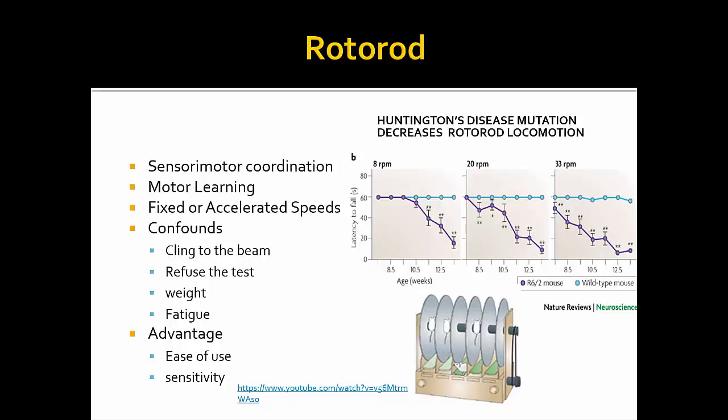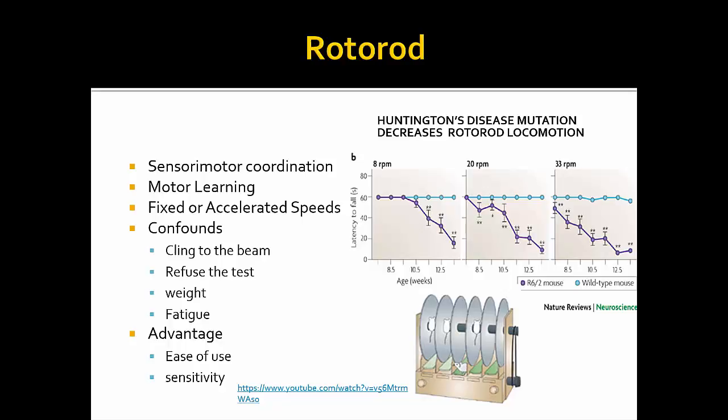You can do fixed or accelerated speeds. A fixed speed is where they stay at the same speed. With accelerated speeds you increase the speed in increments, and you see how long they can hold on at a certain speed.